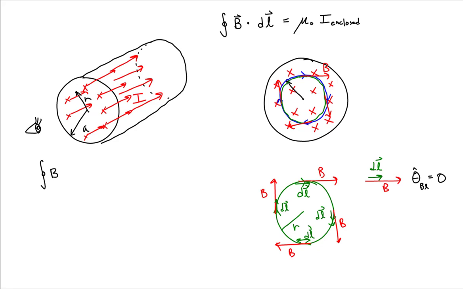Now that's a useful thing to know because it allows us to rewrite the dot product in Ampere's law as the magnitude of the magnetic field times the cosine of the angle between the magnetic field and our loop element, dl. And we know that that is equal to mu naught I enclosed.